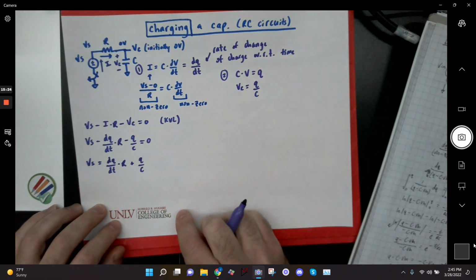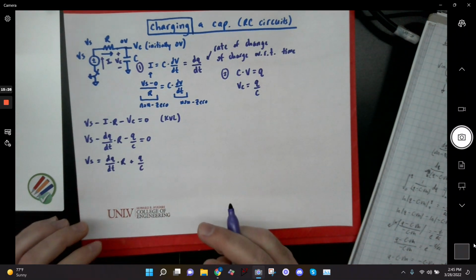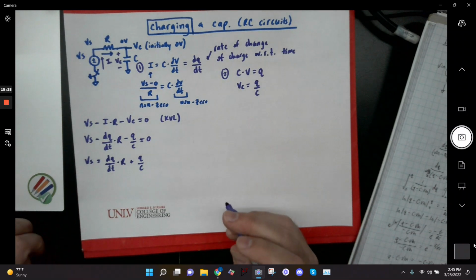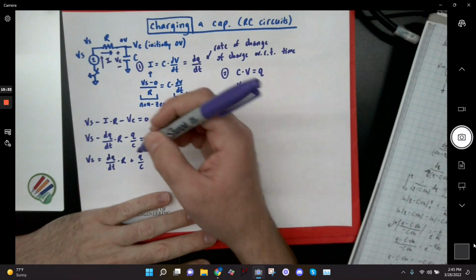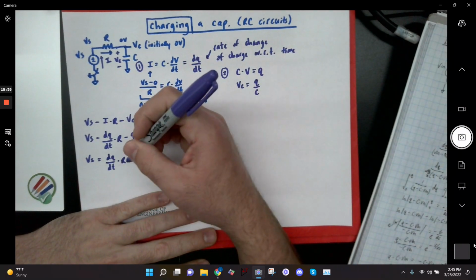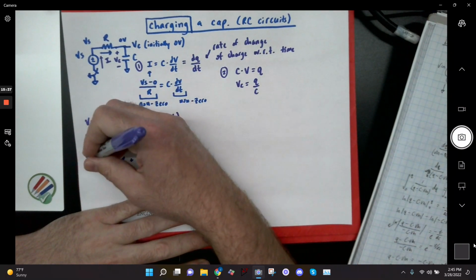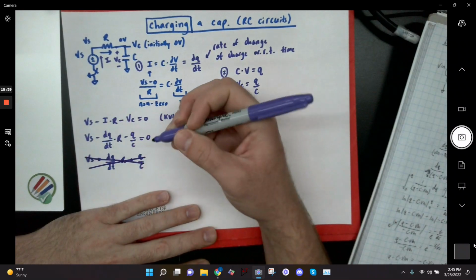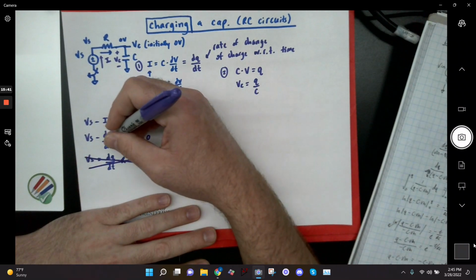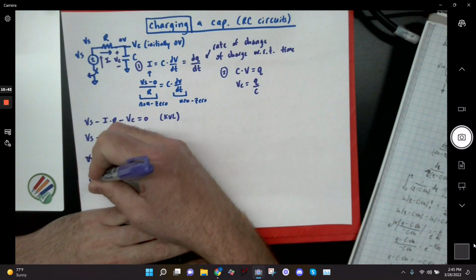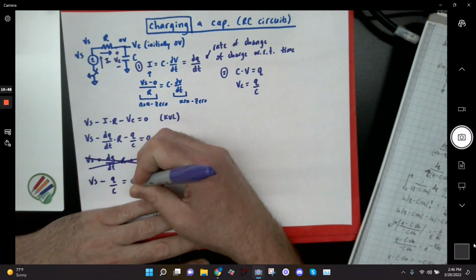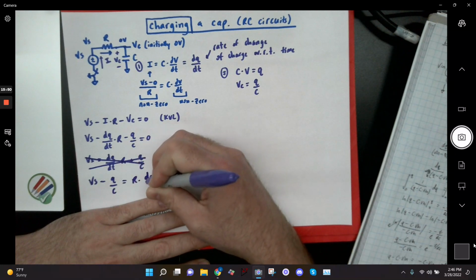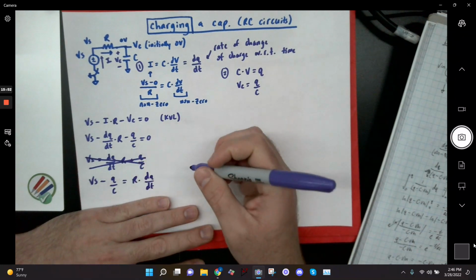Yeah, but it's looking like this derivation doesn't actually want me to do that. Hold on. Yeah, so they want you to get dq dt by itself. So let me just scrap this step. If I'm going to get dq dt by itself, it would make more sense to just add this term over to the other side. So then I end up with Vs minus Q over C is equal to R times dq dt.